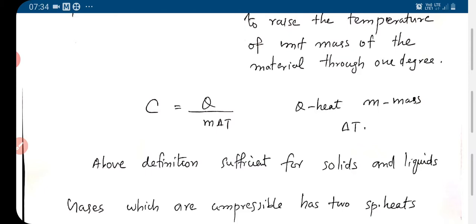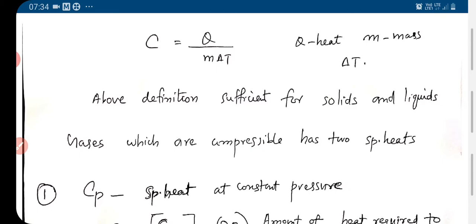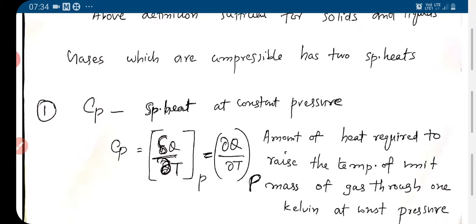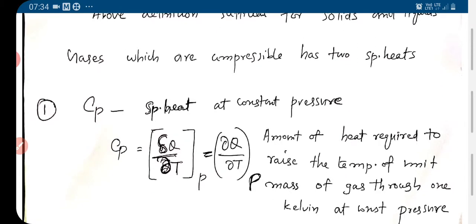So a gas can absorb heat and its temperature can increase at a constant pressure or at a constant volume. So we have two types of specific heats.